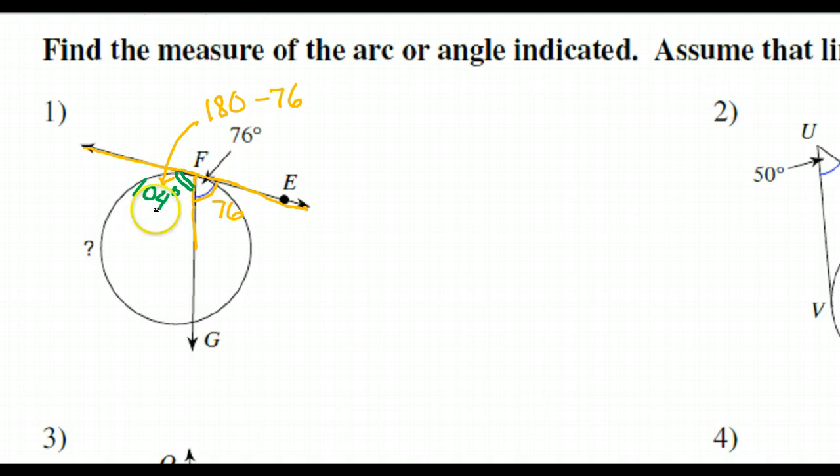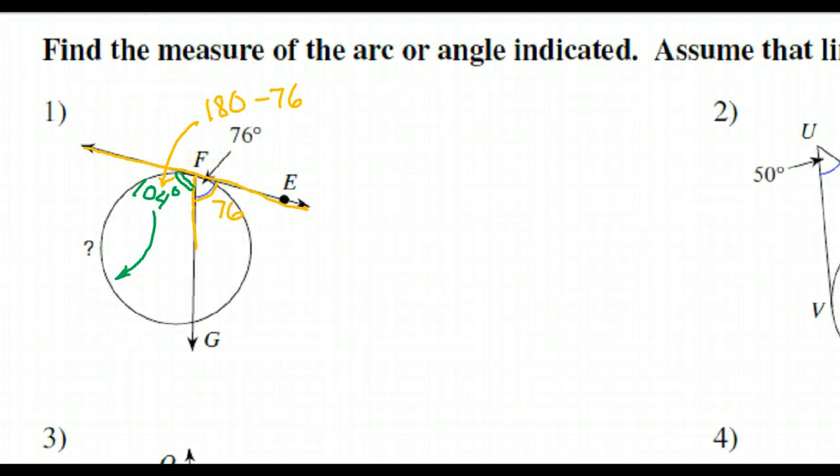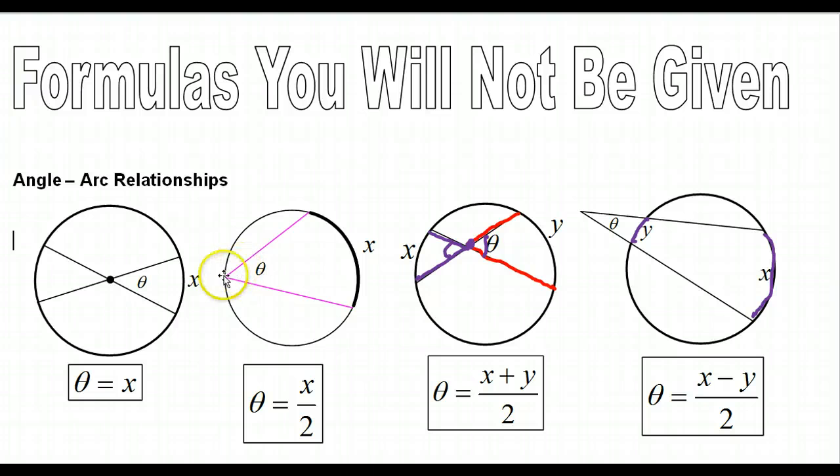Now, what is the relationship between the angle and the arc? Well, to answer that, we have to be aware of which situation we're in. The vertex of this angle is right on the edge of the circle. So if you think about it, even though it involves a tangent line, this red angle that I just drew here is an inscribed angle, just like this pink one, right?